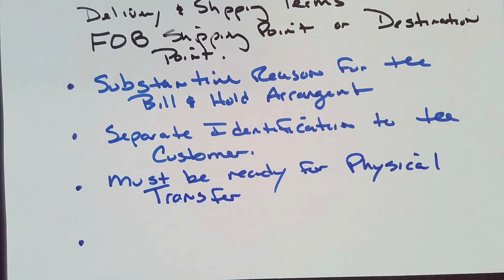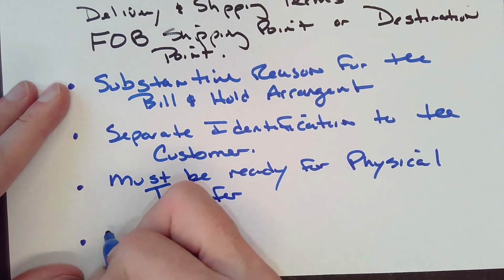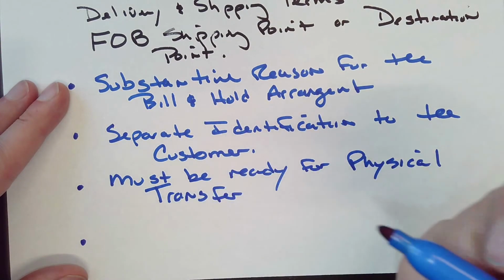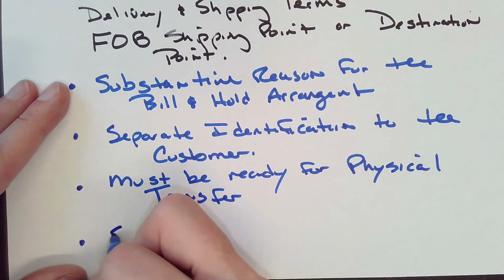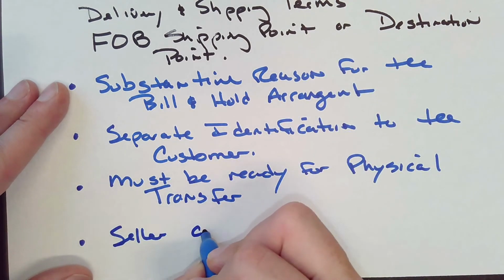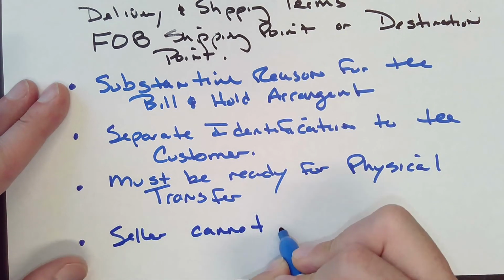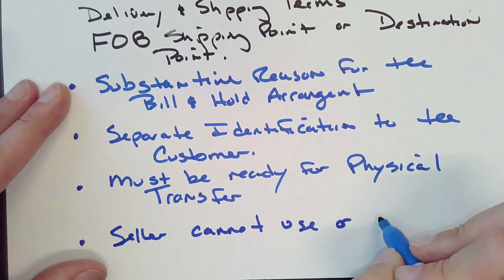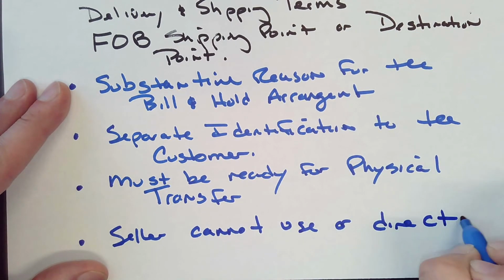And the last piece: the entity cannot have the ability to use the product or give it to another customer. The seller cannot use or direct these items to another customer.